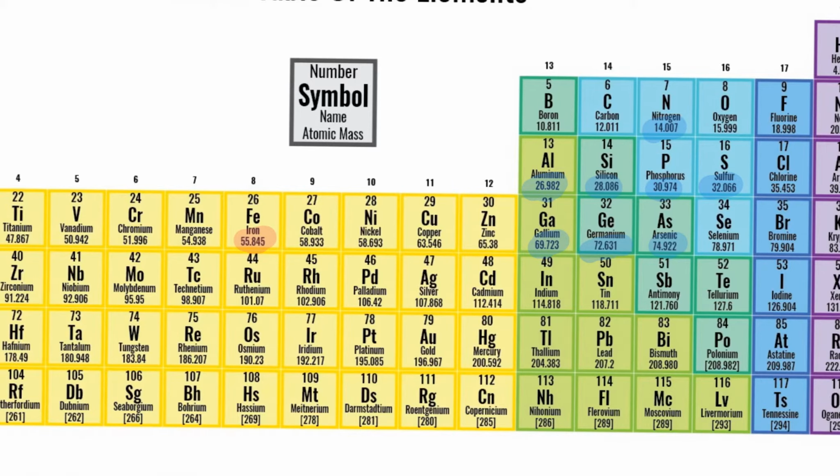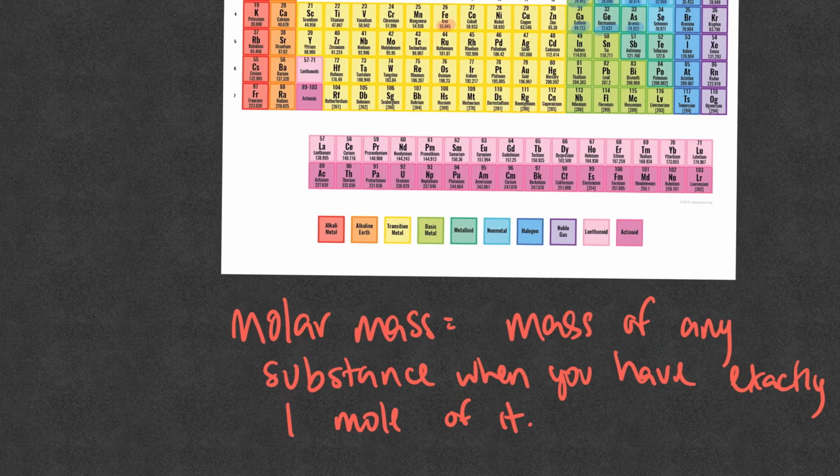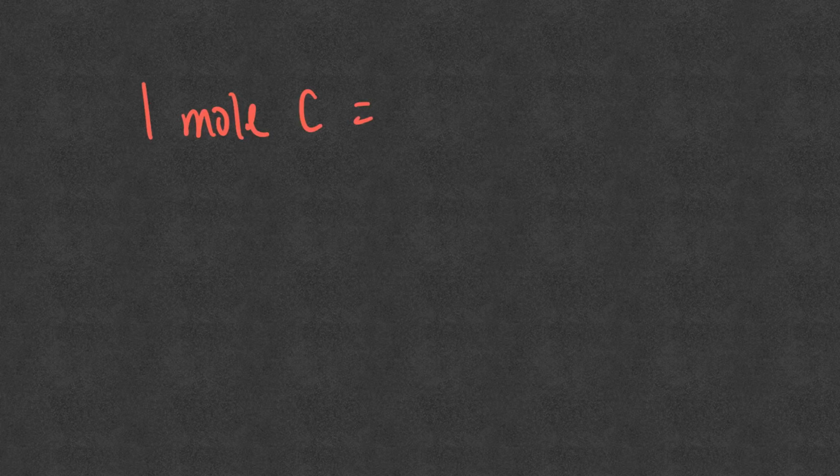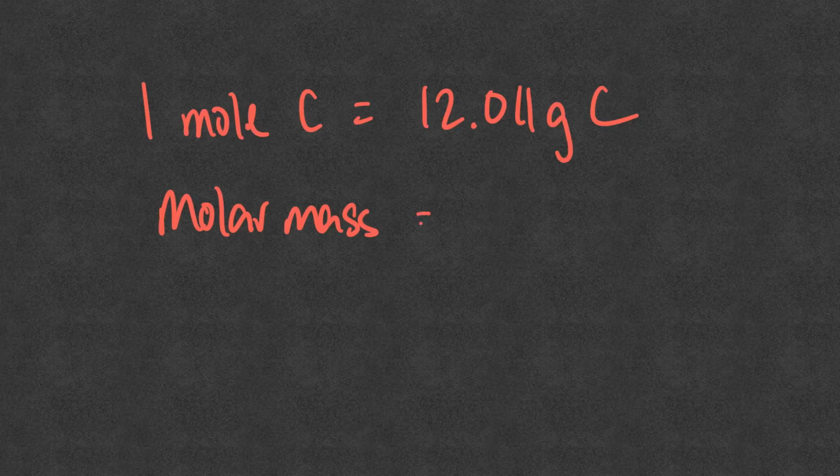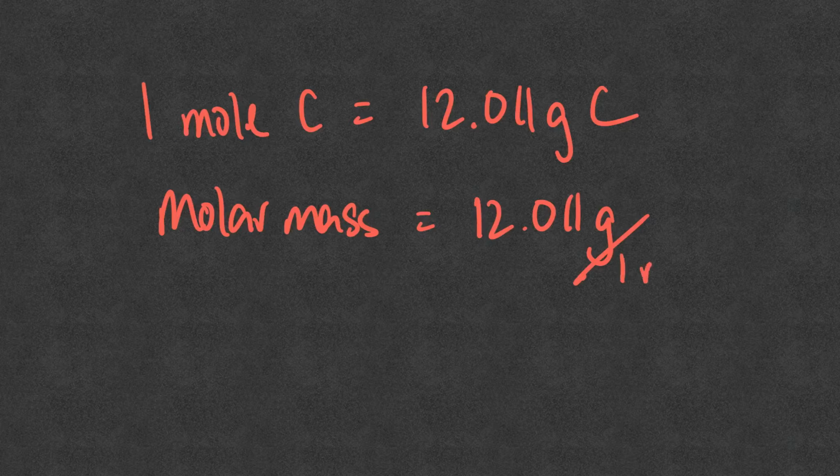Okay, and so the way we look at this, if you were to write it up as units, for example carbon: we know that for every 1 mole, carbon has a mass of 12.011 grams, so we will simply say that the molar mass of carbon is 12.011 grams per 1 mole.